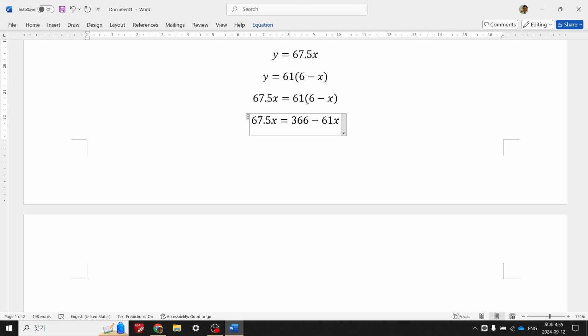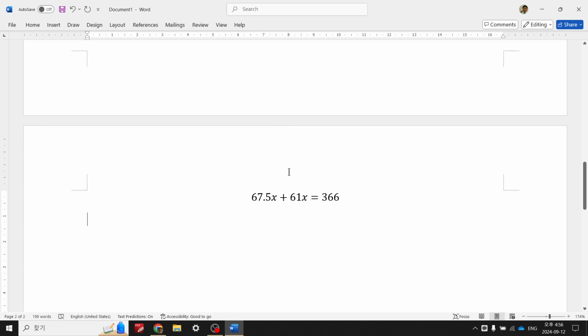And then I can add 61x to both sides, which will give you 67.5x plus 61x equals 366. And then you have 128.5x equals 366, okay?